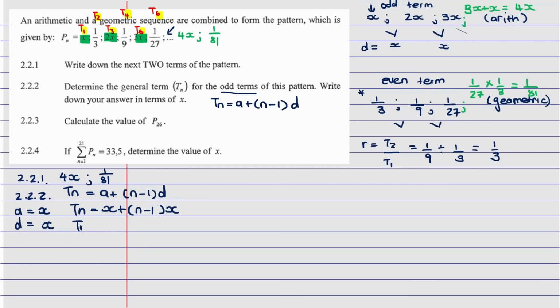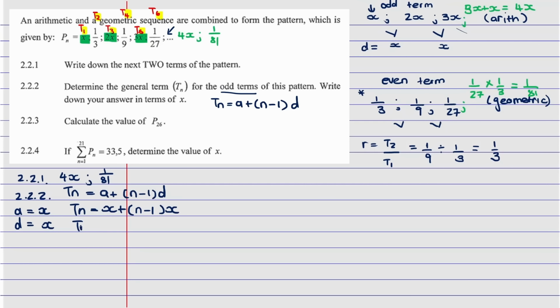So to find the exact geometric term, we need to divide this 26 by two, because our set is divided into two. I hope that makes sense. And I'm just going to say it again: now we know that 26 is even, meaning it's going to fall on the geometric, because geometric are even terms.